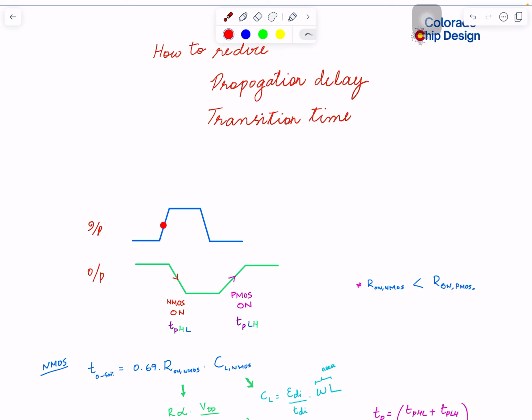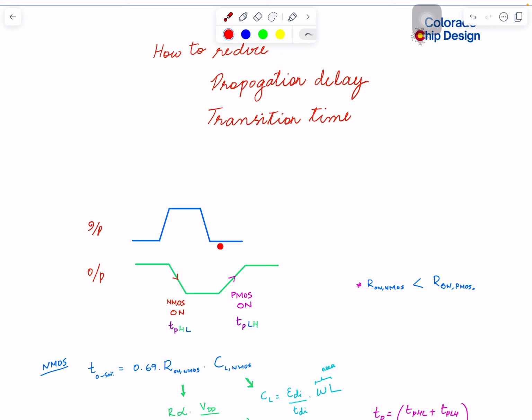As I mentioned, we can measure in SPICE if we have a waveform. We can measure from the 50% point to the 50% point here, and that will be the high to low delay. Similarly, for the rise part, we can measure the delay from here to here.